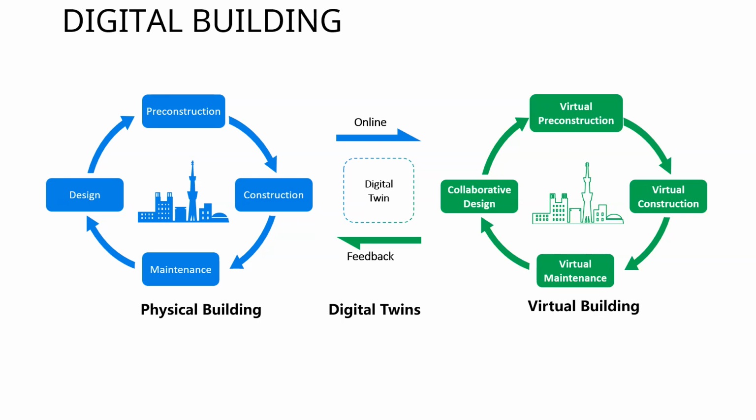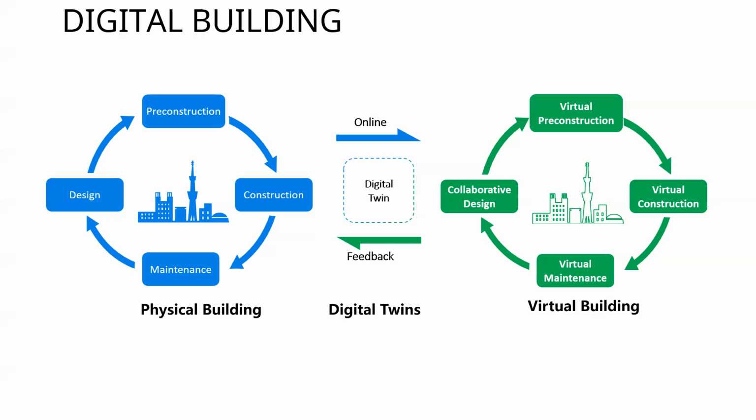In this virtual building we do design collaboratively on a cloud-based platform, so architects and other stakeholders share information via the internet or cloud. Then we will do virtual pre-construction. We can create a 3D model and merge it with our construction program, then simulate our 3D model.